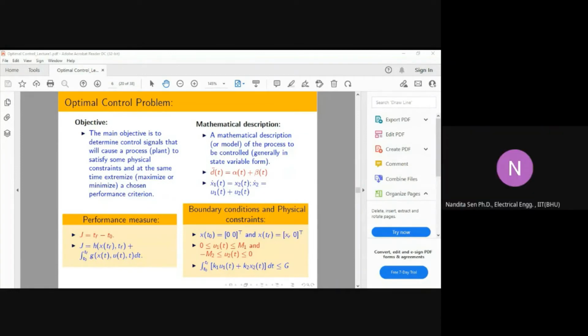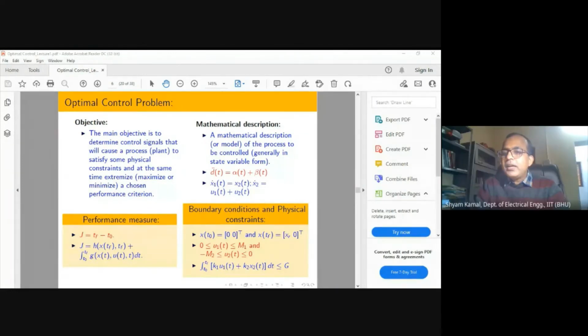So if you see carefully, whenever we are defining some kind of function, I have some independent variable, and after that I have a dependent variable. The independent variable lies in the domain space and the dependent variable lies in the range space. Am I right? Anyone has confusion on this?